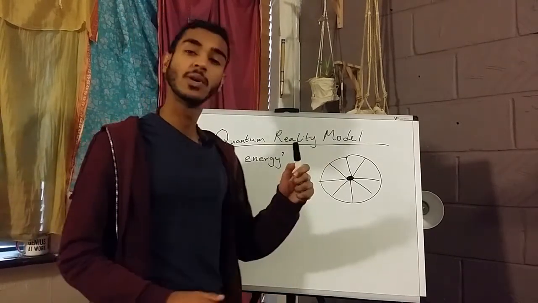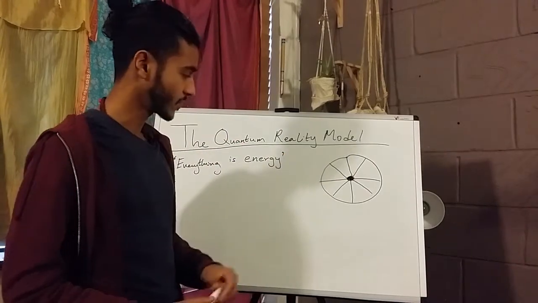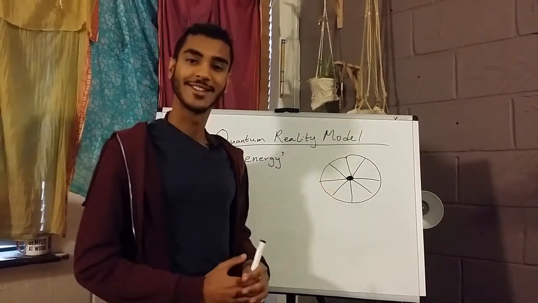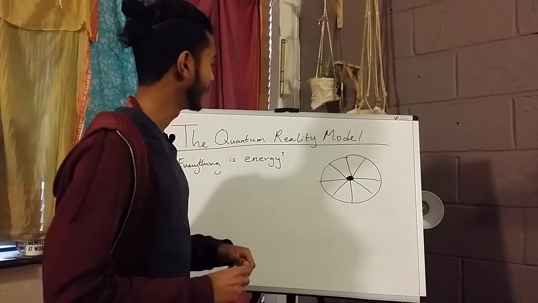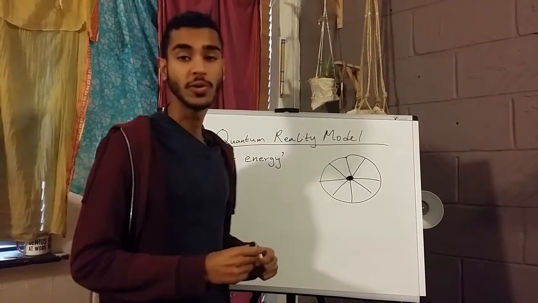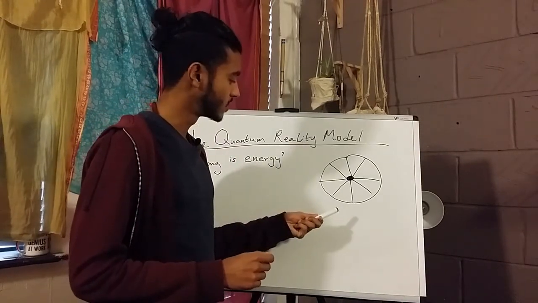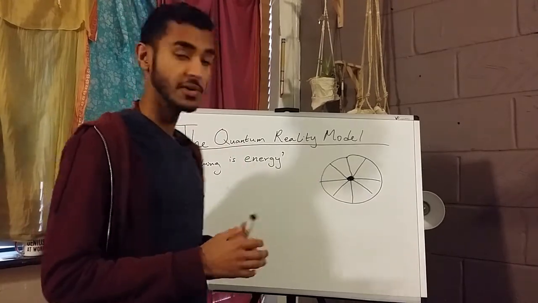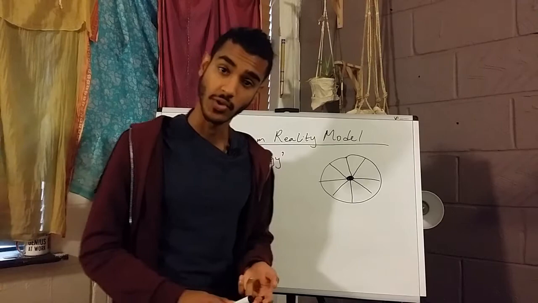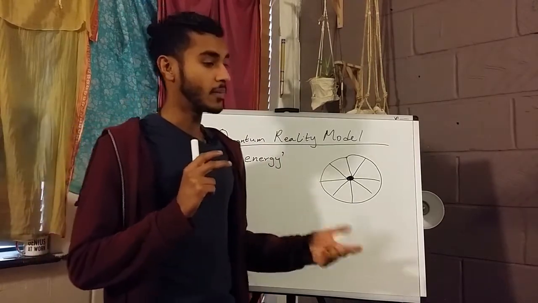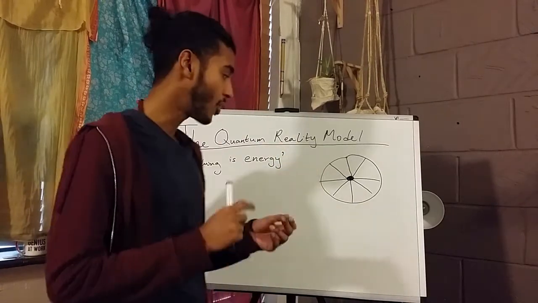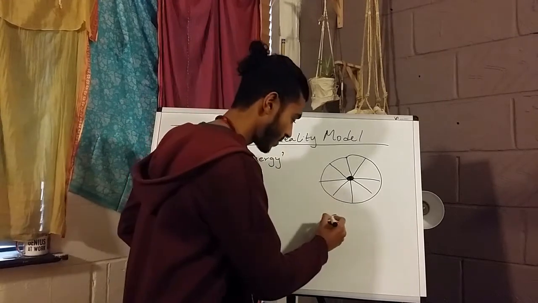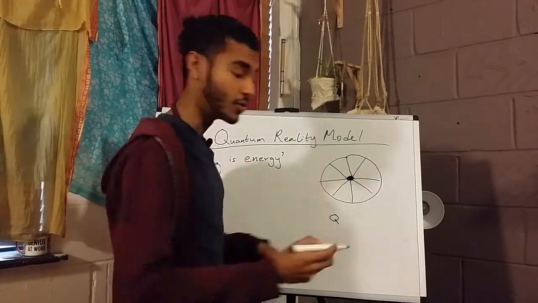And we know that if we were to zoom all the way in to all the particles that are within this board, we know that this board is made out of matter. That's made out of electrons, protons, and neutrons. But science has discovered that the smallest particles are known as quarks.